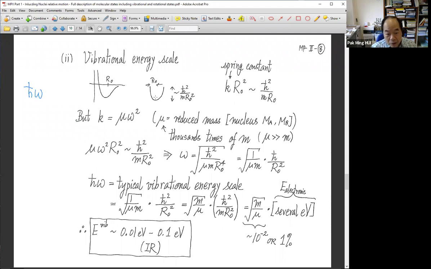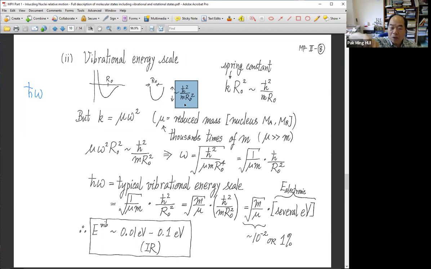So we can think that we have a spring constant which is unknown. We want to find this. We compress or stretch the spring from here out to here. We are climbing up this curve, the harmonic oscillator curve. If we compress by this amount R0, or half of it, it doesn't matter, then we will get this kind of energy.